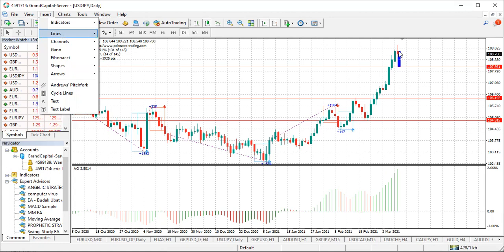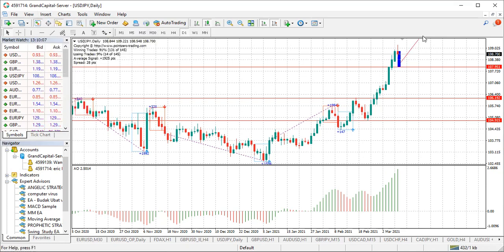Then the trend will continue up again, well breaking above the higher high of last week. So we expect USDJPY to retest this zone. Then from there, we'll have a new breakout to a higher high.